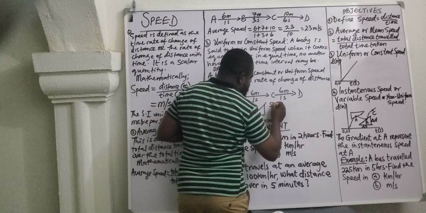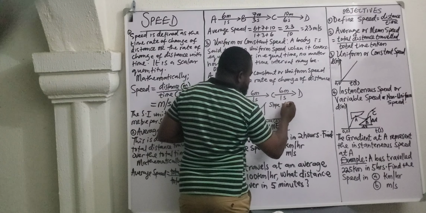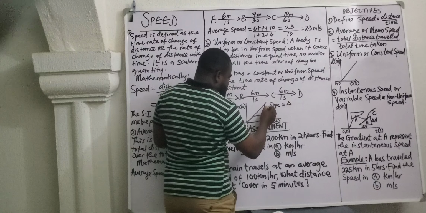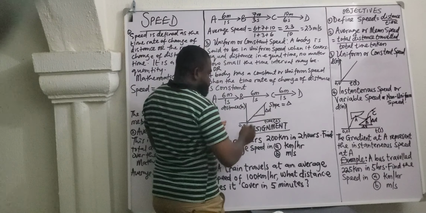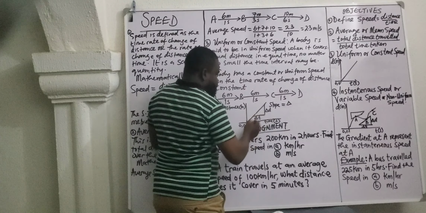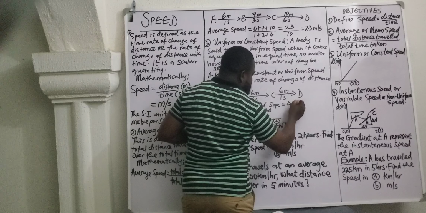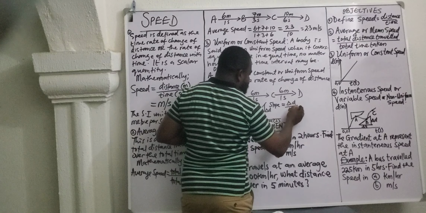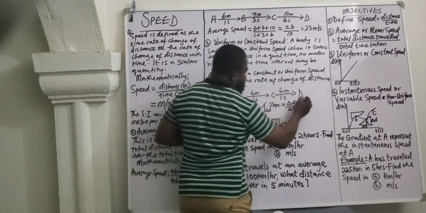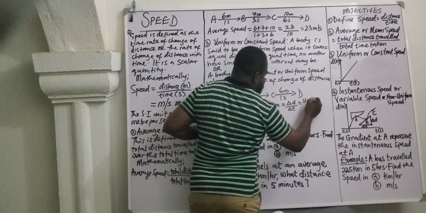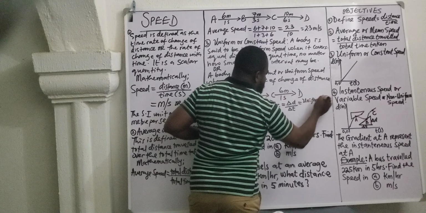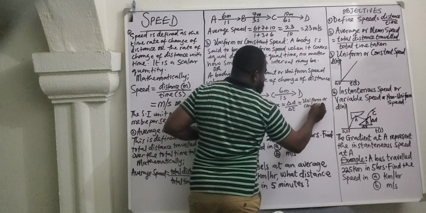So we say slope here is equal to the change in distance over the change in time. Here, this slope represents the what? Uniform or constant speed.